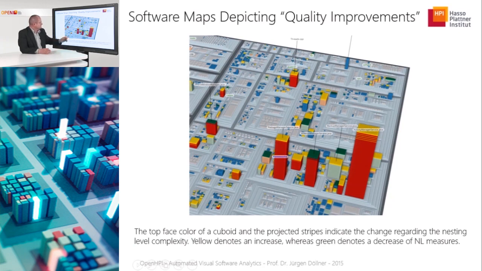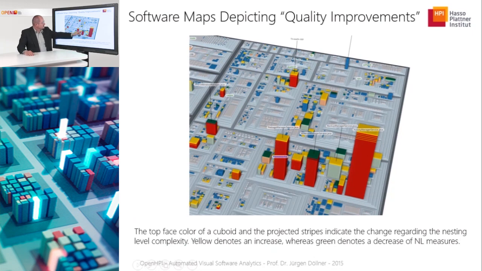In this case, we use the top facets of the cuboids. They are colored yellow or green. Both colors indicate a certain trend. Yellow indicates a trend towards the negative, the worse, while green indicates a trend towards the positive, the better.